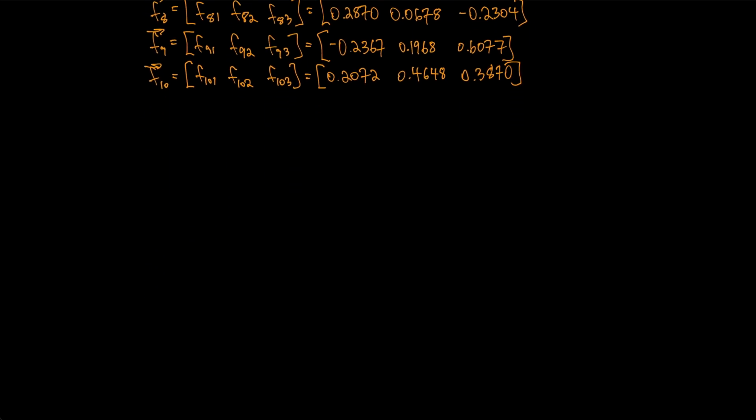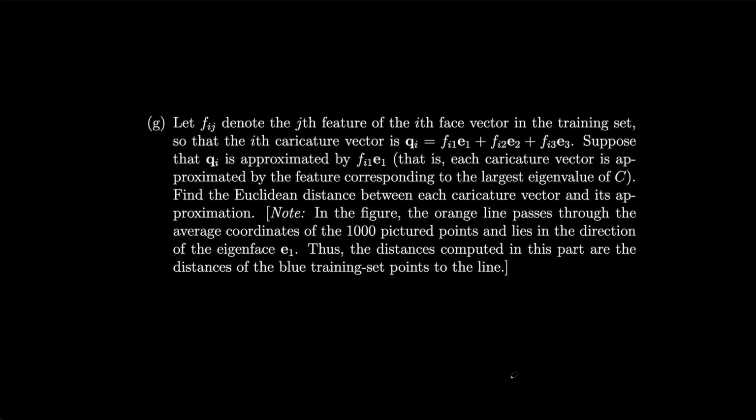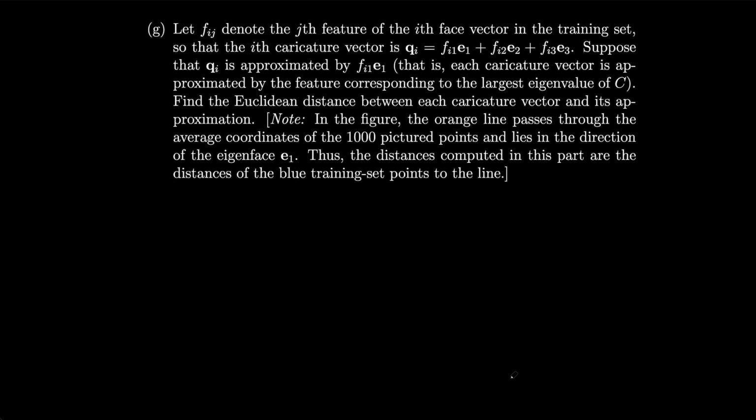So now we could actually run facial recognition because we have the features. We just take a picture and we compare it with the features by taking the distance of that picture vector with the features. So to demonstrate this, let Fij denote the jth feature of the ith face vector.